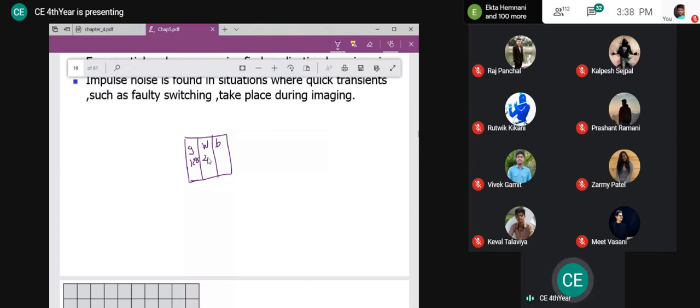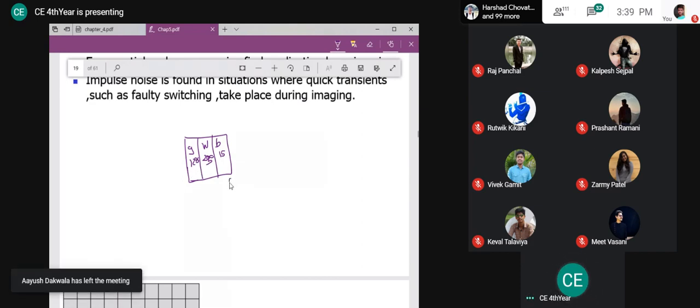Okay, and let us take this intensity as, say, 50. Because it is black, it will be near 0. This is white, so it will be near 255. You can take this as 230 as well.